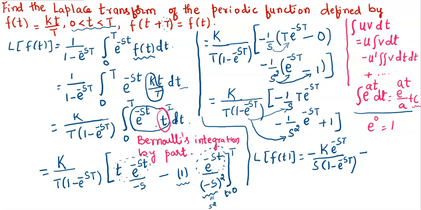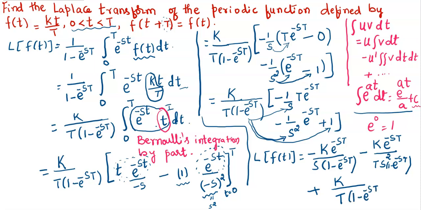So what is remaining is minus k into e to the power of minus s into capital T divided by capital T into s square, e to the power of minus s into T. We have here 1 minus, so let me write 1 minus e to the power of minus sT, and plus, multiply to this next third term also, plus k divided by T into 1 minus e to the power of minus sT.